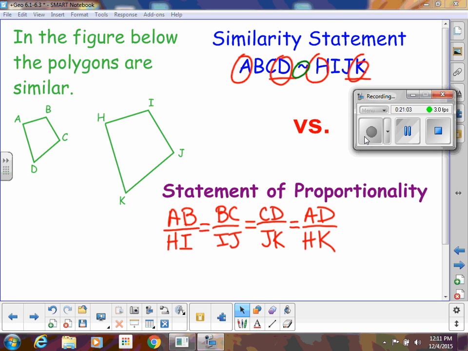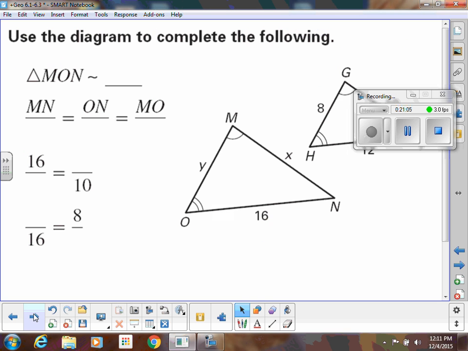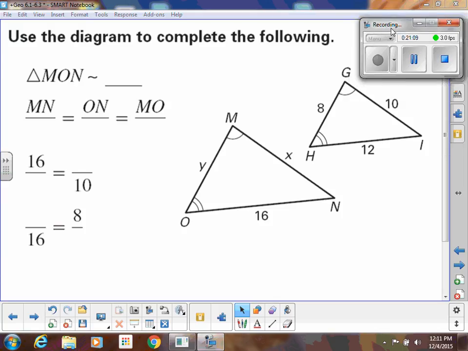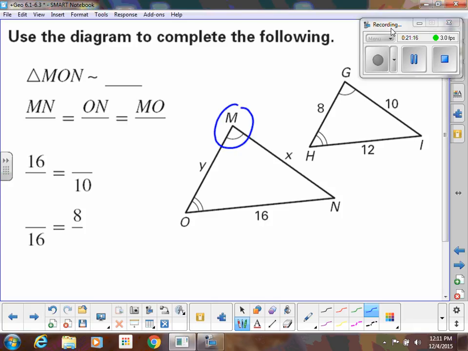All right, so let's look at an example. We're going to use this diagram to help us complete this similarity statement. So like I said, we got to match up the correct letters. So M is the single arc, then O is the double, and N is the no arc. So we're going to do the same order, GHI. And then I can write my statement of proportionality. So MN, that's first and last, goes with GI.